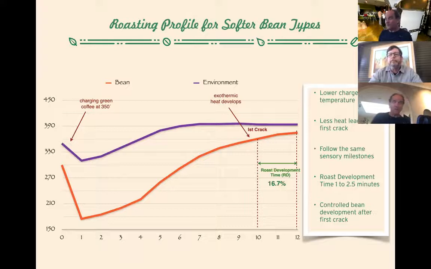It's helpful to create categories of types of coffee and then to adjust your roasting strategy accordingly. One approach is to use your density measurement, and density is basically an expression of mass.